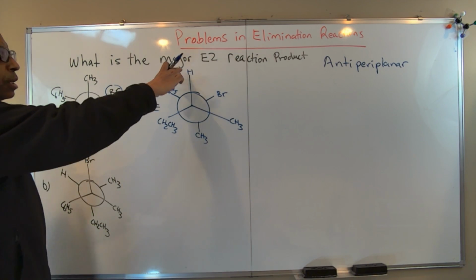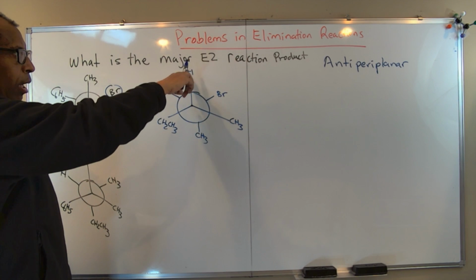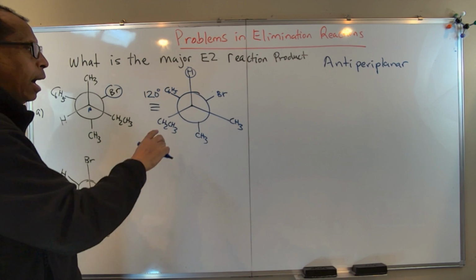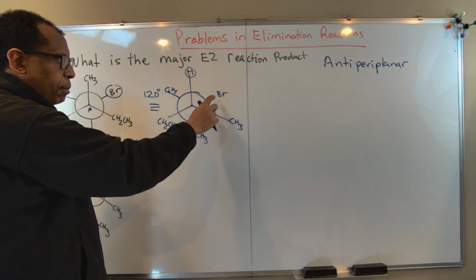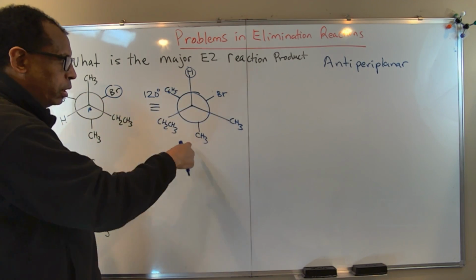So to make sure that I have the hydrogen and the bromine anti-periplanar, I would rotate the back three groups by 120 degrees.